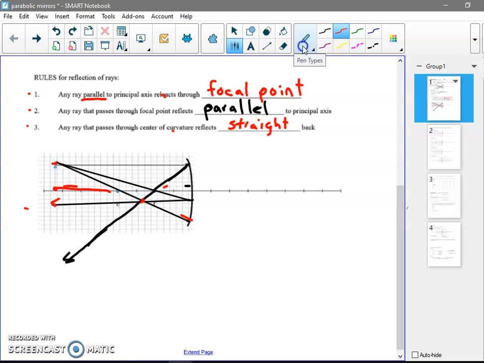So the tail of the arrow is always going to be on the principal axis. So there's one part. So what I do is I go from the principal axis to here and I draw my arrowhead upside down. That tells me that the image is going to be inverted. Okay, so there's a few things I learned from this ray diagram. I'm going to try to draw a slightly better image of that.